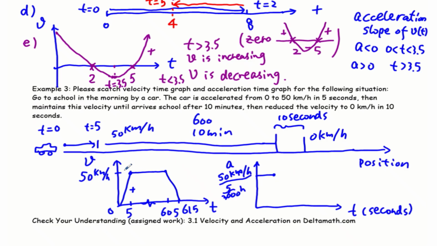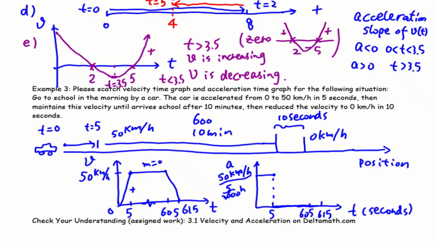Then after that, it stays at the same velocity. The slope is 0, which means the acceleration is 0. So 5 seconds to 605. Then the last 10 seconds has negative slope.